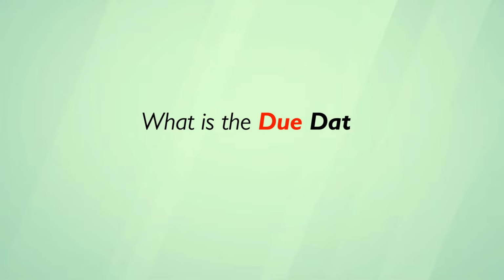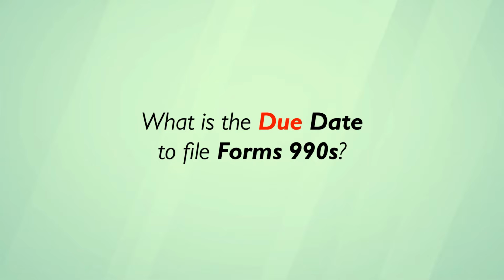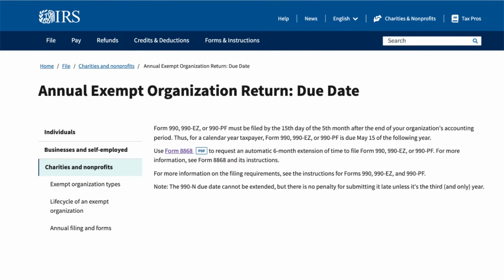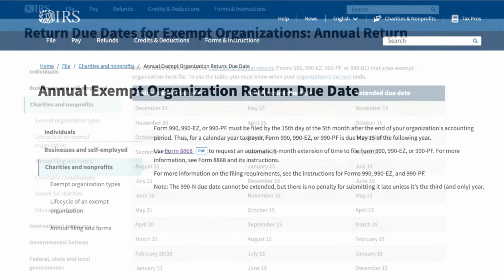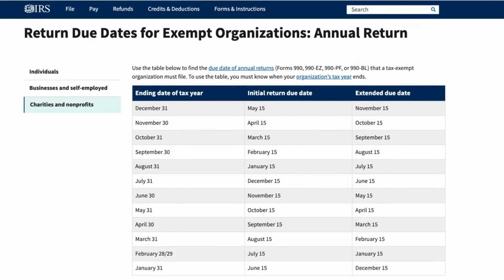What is the due date to file Forms 990s? The 990 series returns must be filed by the 15th day of the 5th month after the end of the organization's tax year. That means if your organization uses the calendar year as your tax year, the deadline for 2024 filing is May 15, 2025.